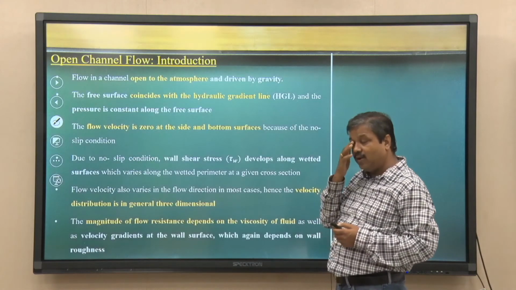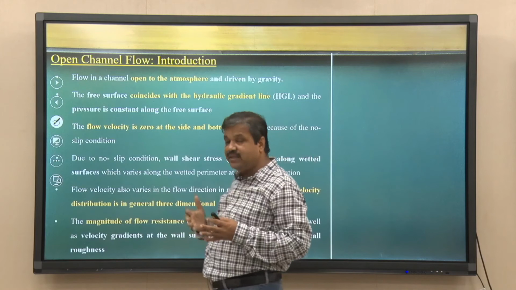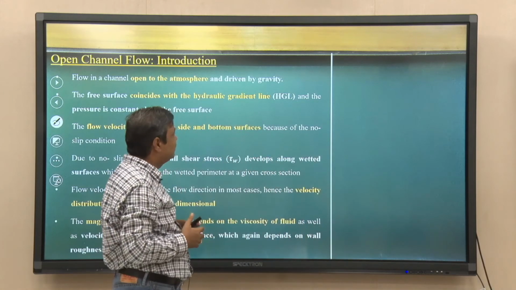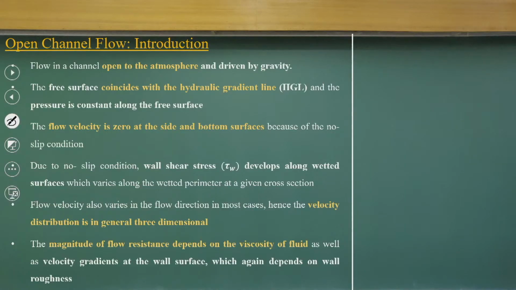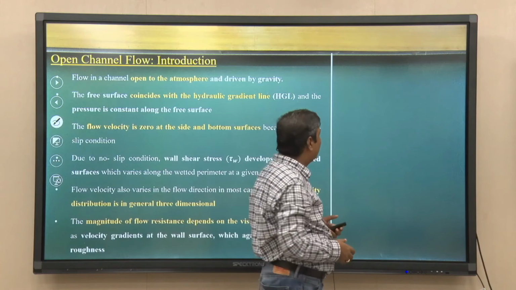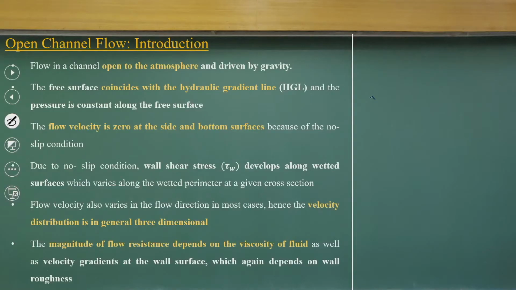Now, as I already said, we basically have the free surface boundary condition. If you remember basic pipe flow, when you are solving a pipe flow, I am drawing the same thing here. We used to draw the hydraulic gradient line and the energy gradient line.